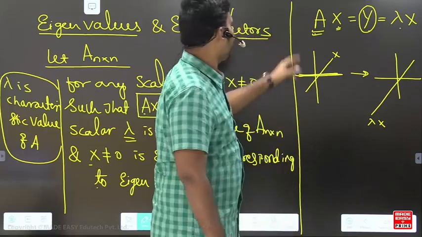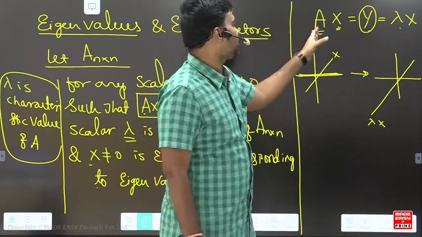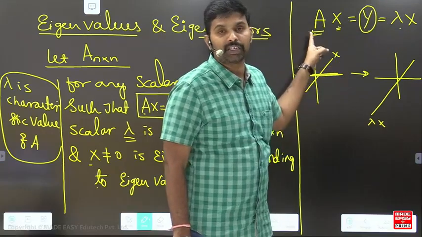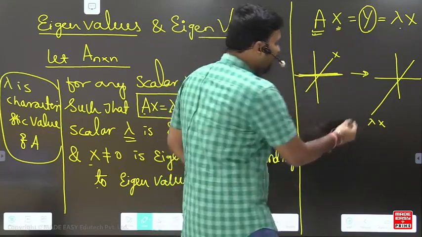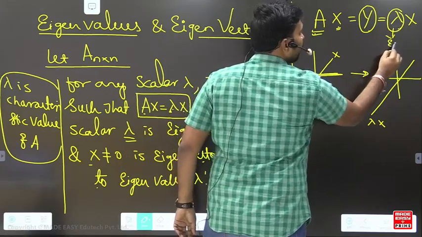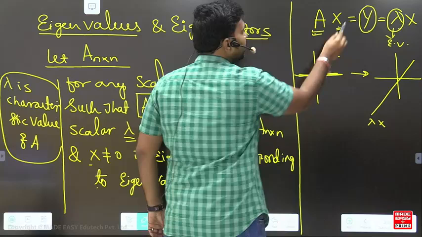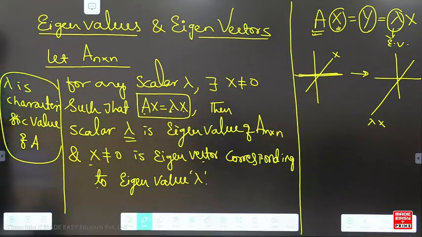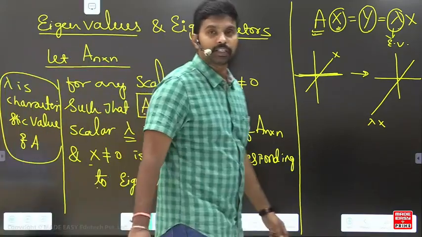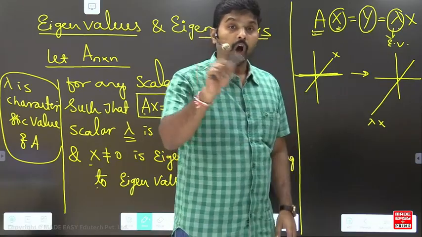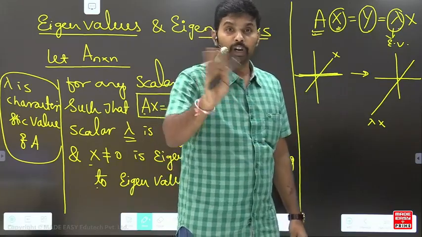So here, if any vector is getting scaled under the matrix A, then that scaling factor is called the eigenvalue, and the vector is called the eigenvector. All the vectors will not do that.